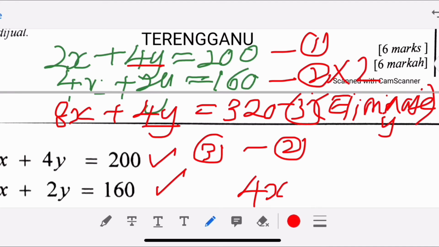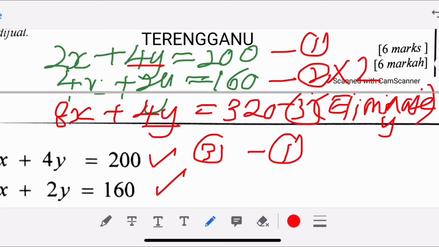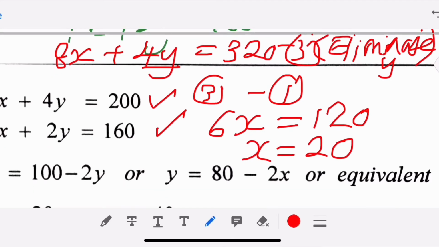We take the bigger one minus the smaller one. So you have 6x equal to 120, right? Because you eliminated the y already, x is 20.